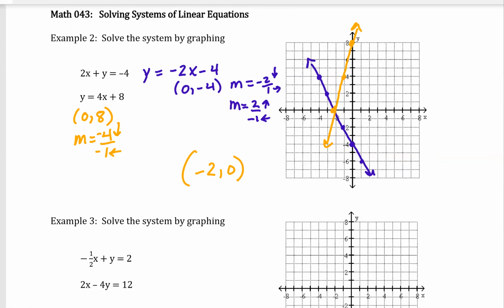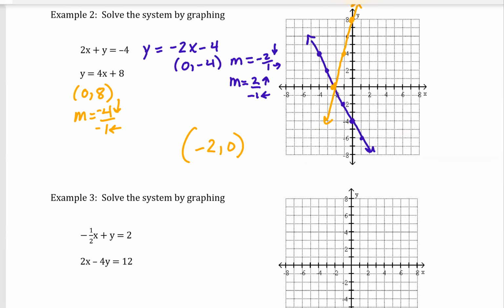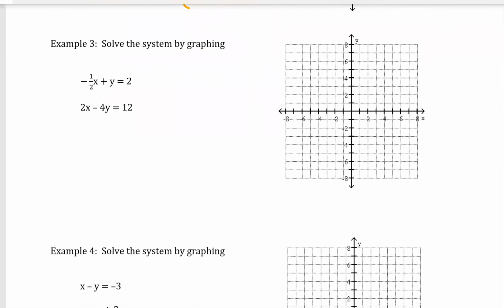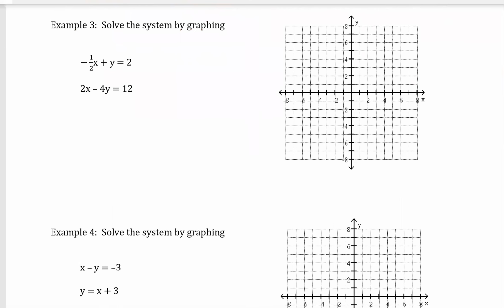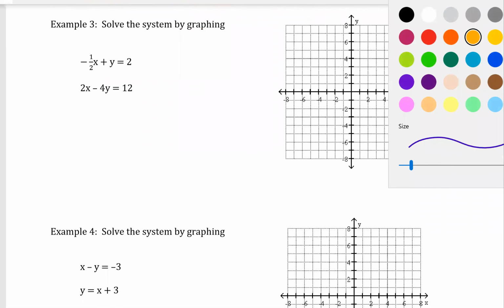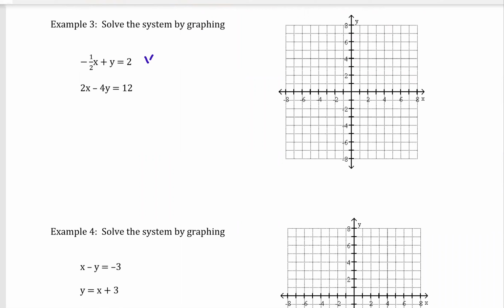I can check this to make sure it works by substituting in (-2, 0) in both equations, and they will be true. I'm going to solve the first equation for y, so I'll put it in slope-intercept form so that the y-intercept is (0, 2).